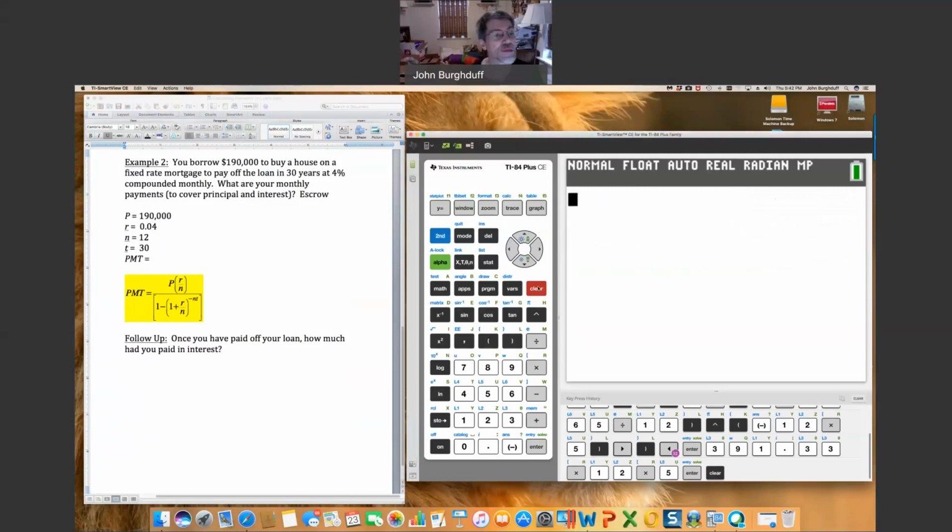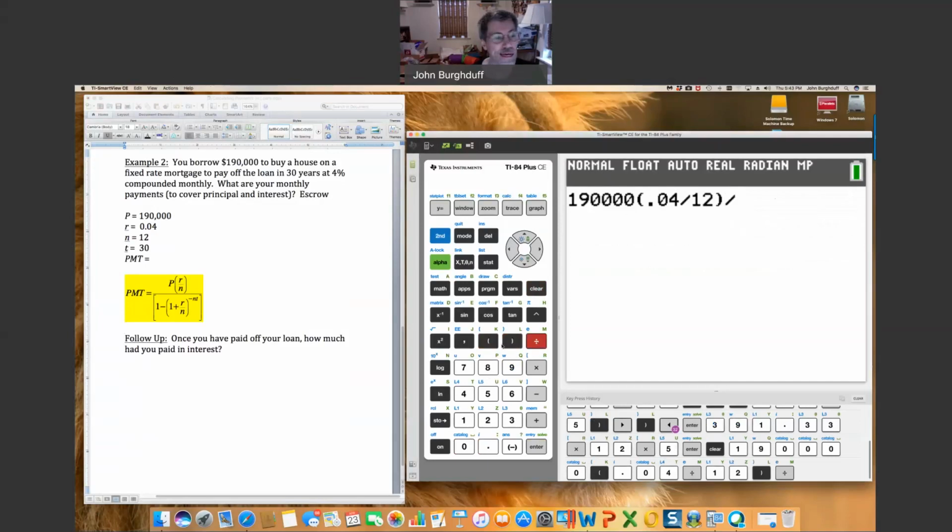Clear this out. So starting in the numerator, we would say 190,000, open parentheses, 0.04 divided by 12. Then that's the end of the numerator.